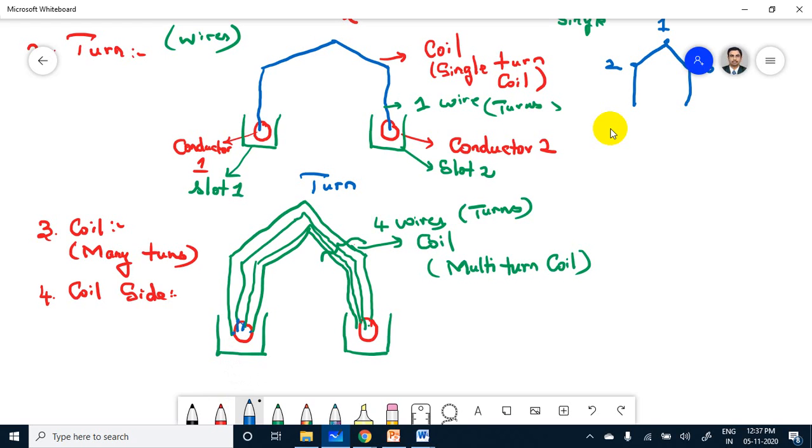The wires connected in the conductor inside the slot are known as the coil side. Here also, which is connected inside, this is known as coil side.